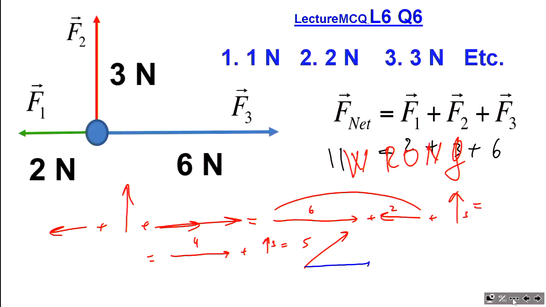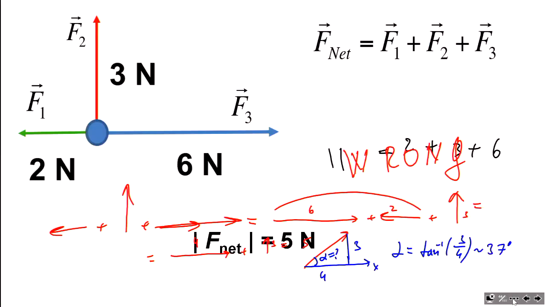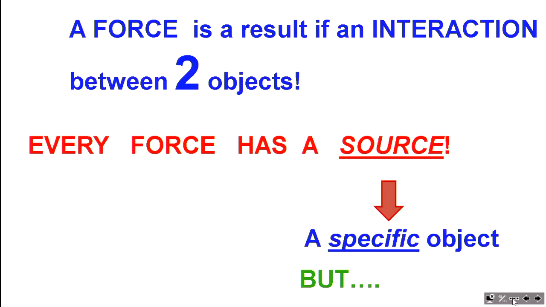If we need to calculate this angle, we actually did it before, right? 3, 4, 5, triangle. Alpha equals inverse tangent of 3 over 4. I think it's 37. Well, that was an easy example, of course.